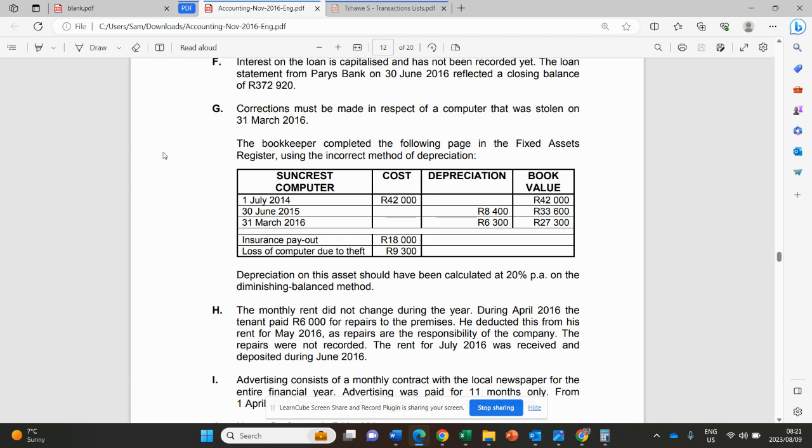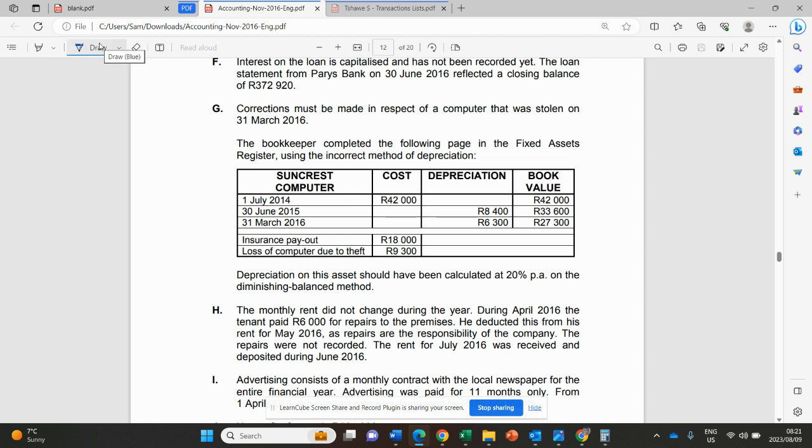They're saying the bookkeeper completed the following page in the fixed asset register using the incorrect method of depreciation. If you can check here, the mistake is here.